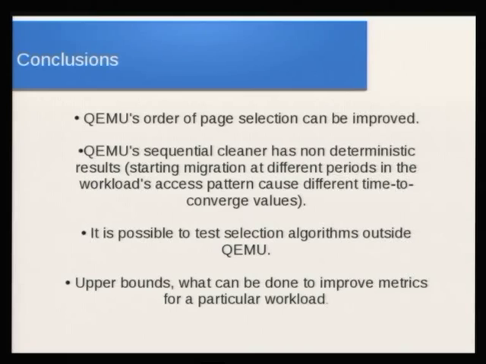We can also test selection algorithms outside of QEMU, which makes it much simpler to simulate and test all kinds of scenarios. And we also get upper bounds on how fast migration can be, and what you can change in your workload to improve these metrics if you care about such things.